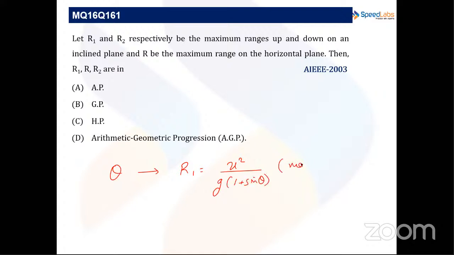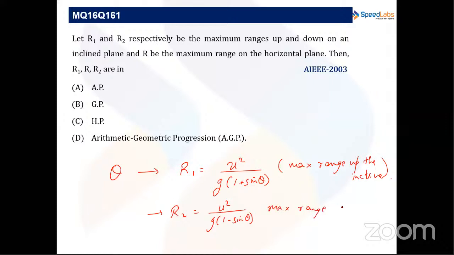This is the maximum range up the incline, and R2 is u square upon g(1 minus sine theta). This is the maximum range down an incline.